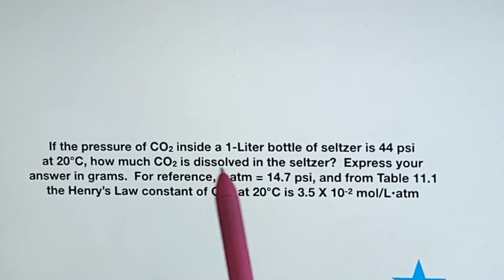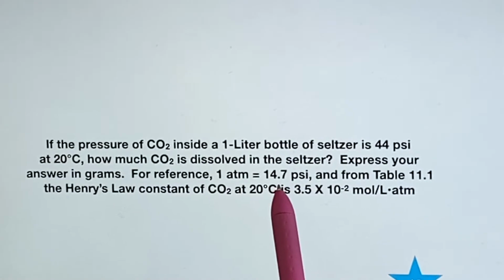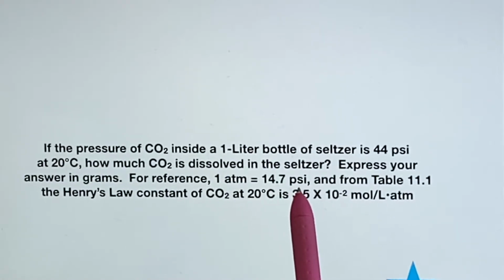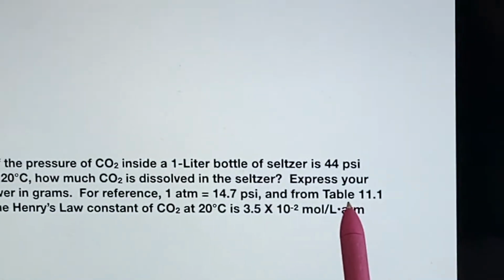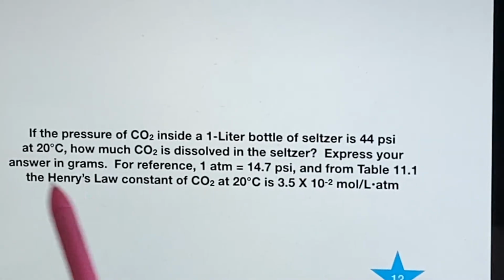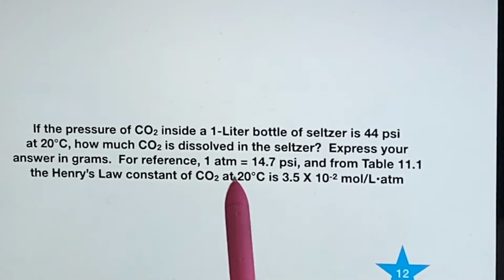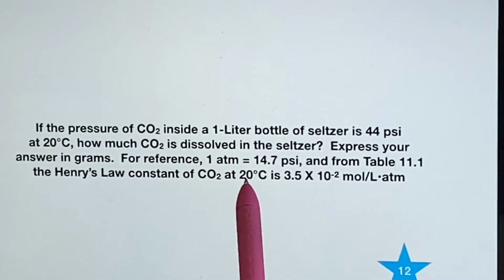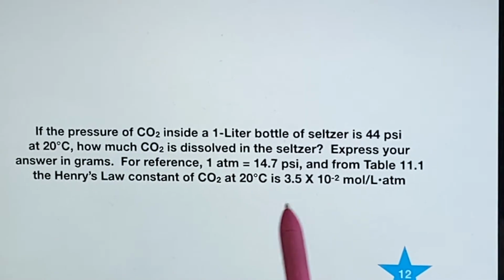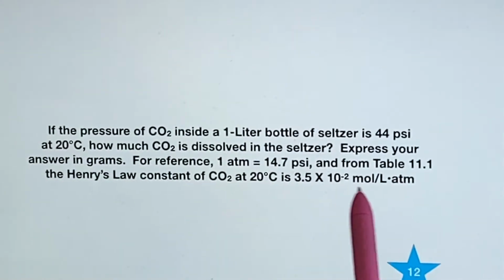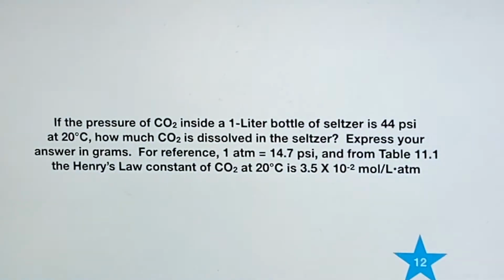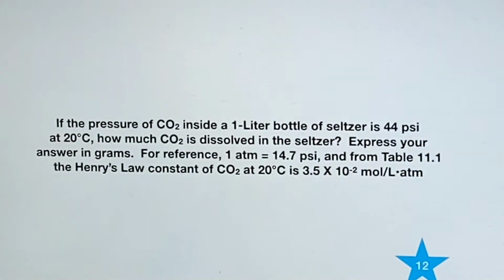They're telling us that an atmosphere is 14.7 pounds per square inch. And they told us, if we looked at a table in the book, that the Henry's law constant at 20 degrees Celsius is this number. You see that these units are all going to work to make Henry's law work out.